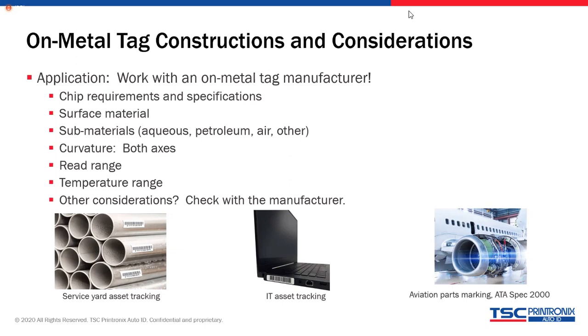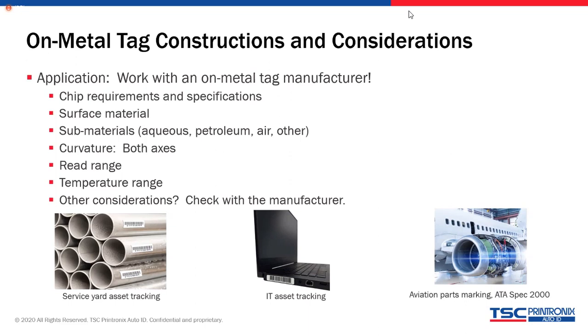The curvature of the surface on which the tag will be applied. You need to look at both axes, the X and the Y axis, to make sure that where you apply your tag, the tag will still work properly, even though the tag may be curved.